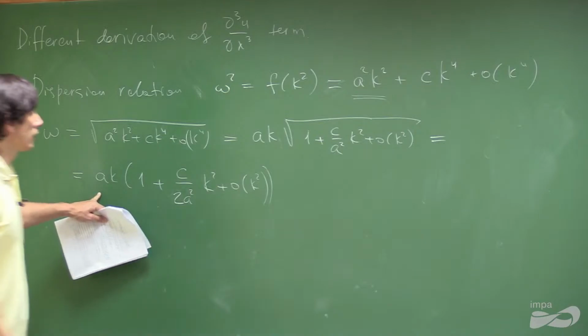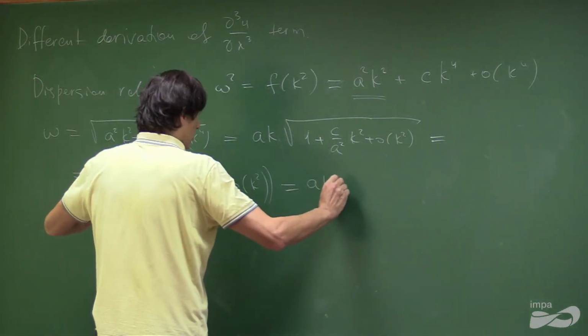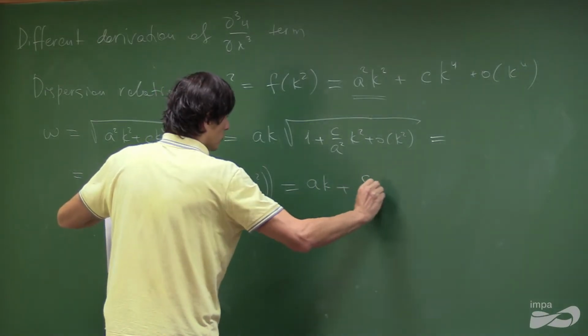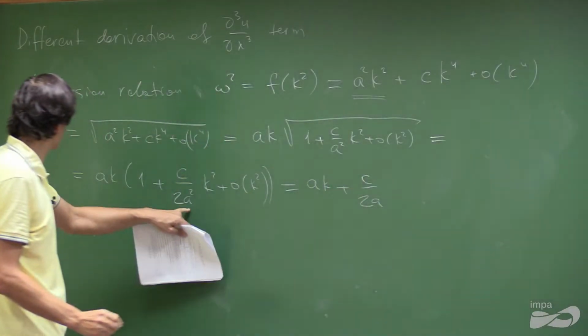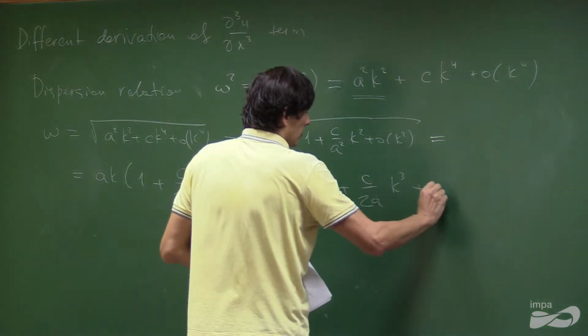So again, multiply it back. It will be ak plus c over 2a, the a cancels, and k is k cubed.